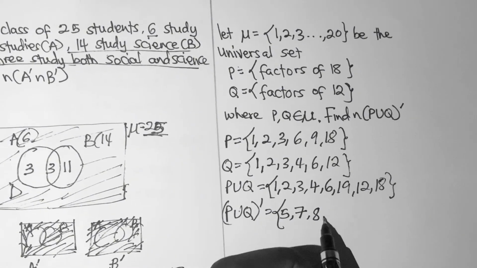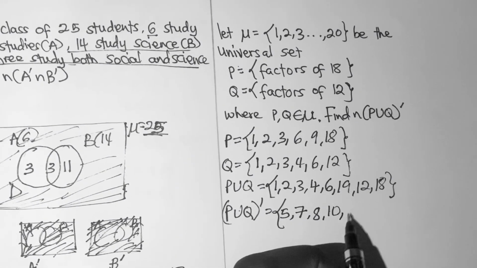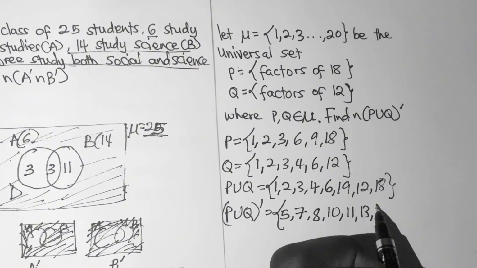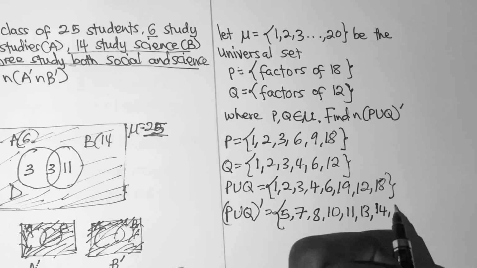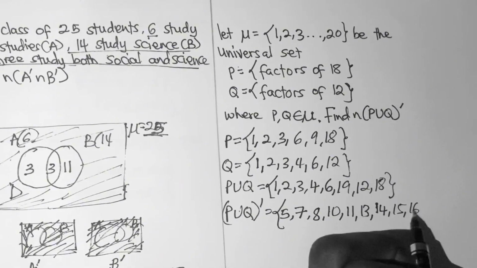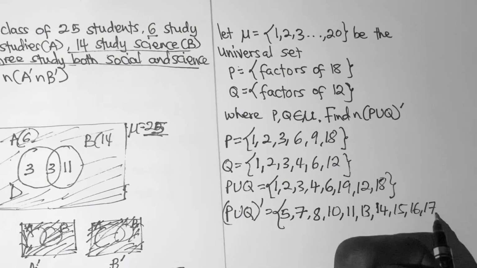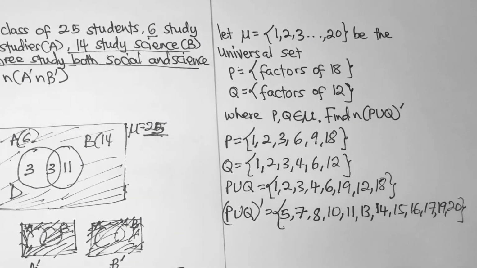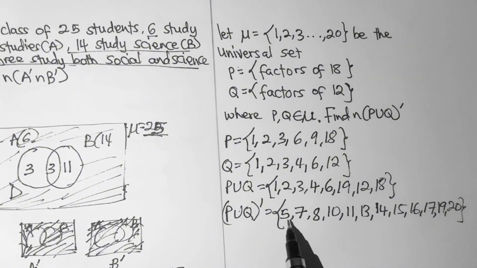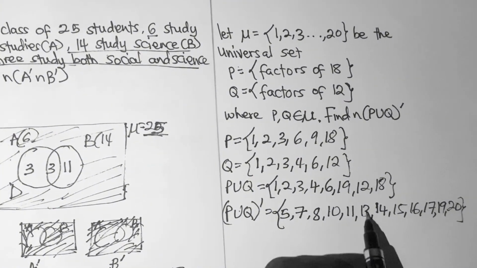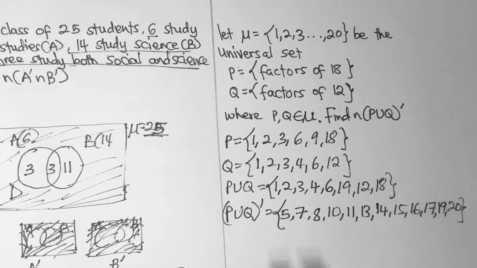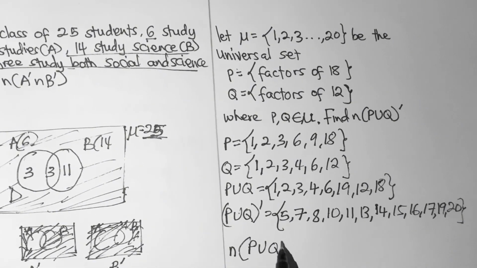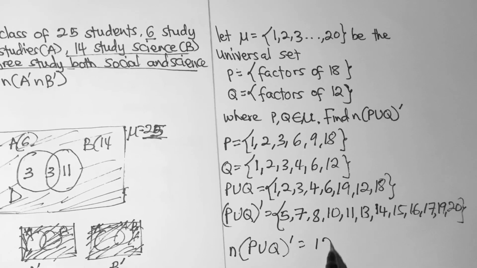And then 10, 11. 12 is there. 13, 14, 15, 16, 17. 18 is there. 19, and then 20. So if we are supposed to count the number, it is 1, 2, 3, 4, 5, 6, 7, 8, 9, 10, 11, 12. So the number of elements that form P union Q prime is equal to 12.